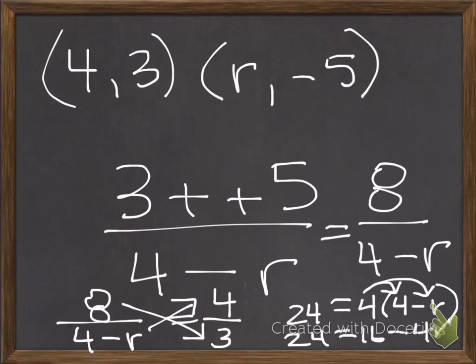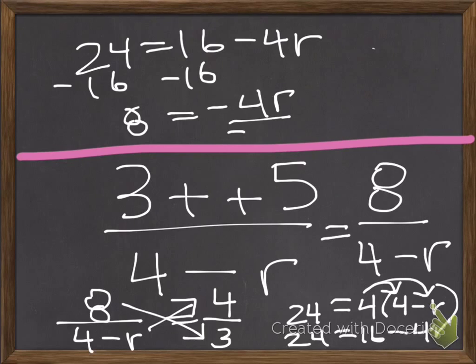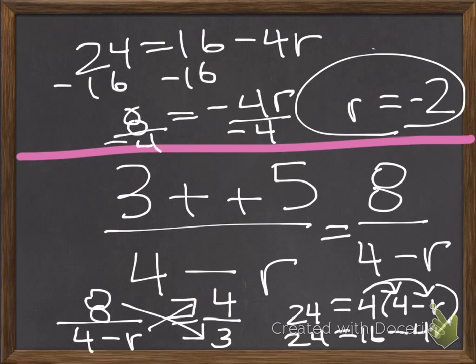So I'm solving for r here. So then I would need to subtract 16, which gives me 8 equals negative 4r, and divide by negative 4, which would give me r equals negative 2. So I basically set this up using the slope formula, and then I cross-multiplied and solved it like I would a proportion to find r.